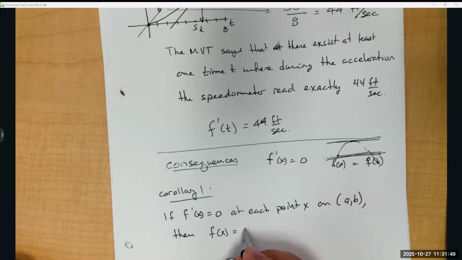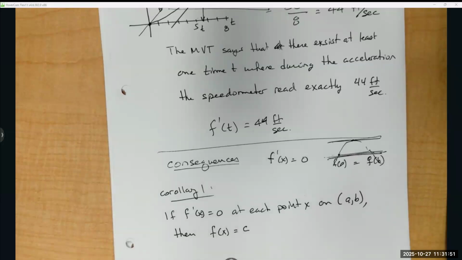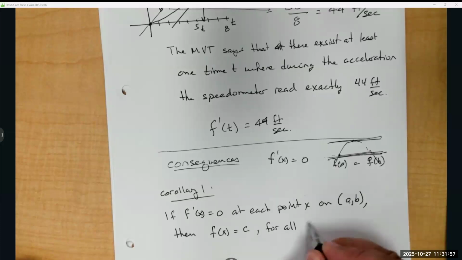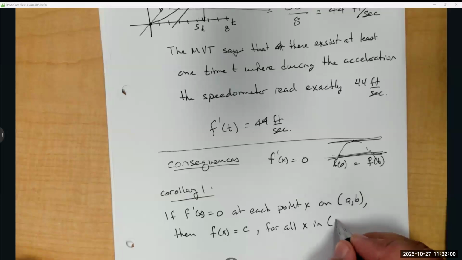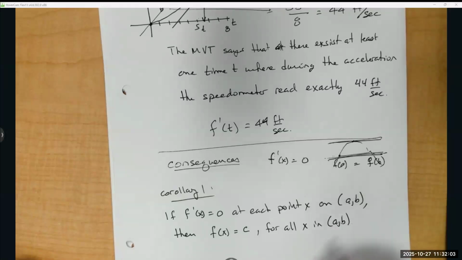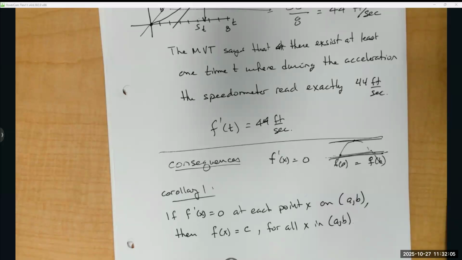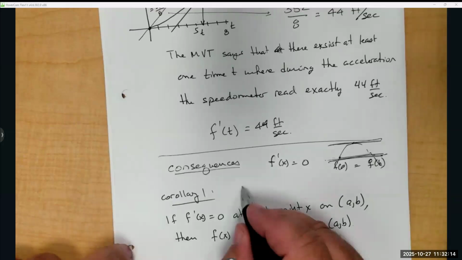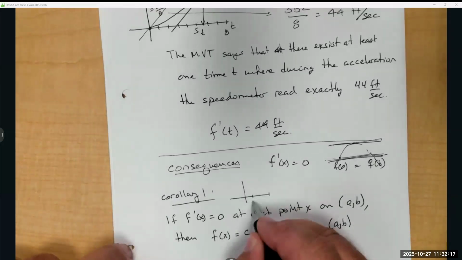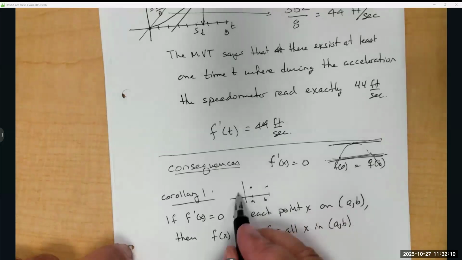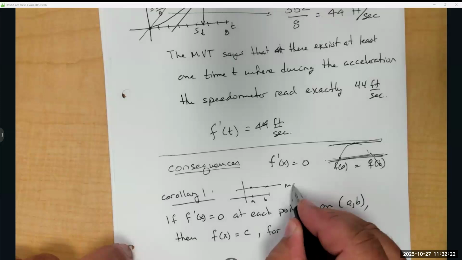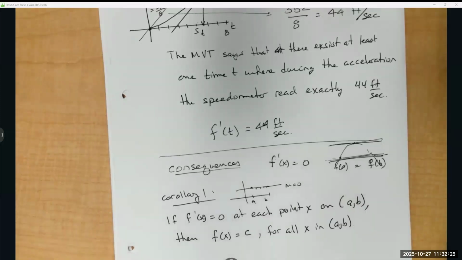So the function itself is a constant, if this is true for all x in AB. That's a true statement, isn't it? If we look at any function, here's A, here's B. If that slope is equal to 0, then any point we have inside there, the slope is also 0.